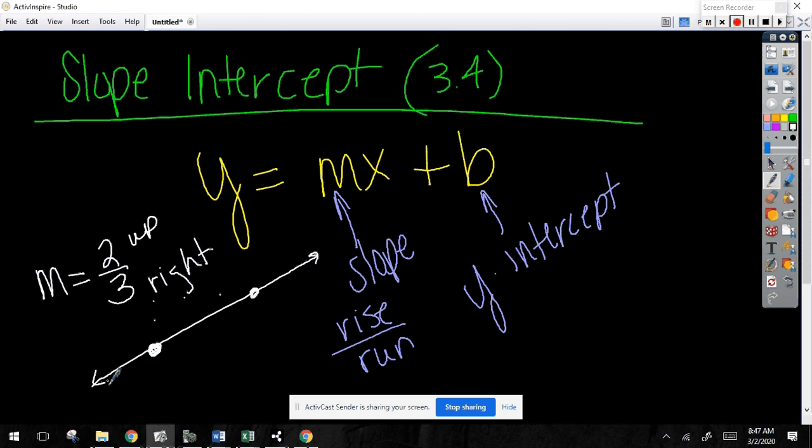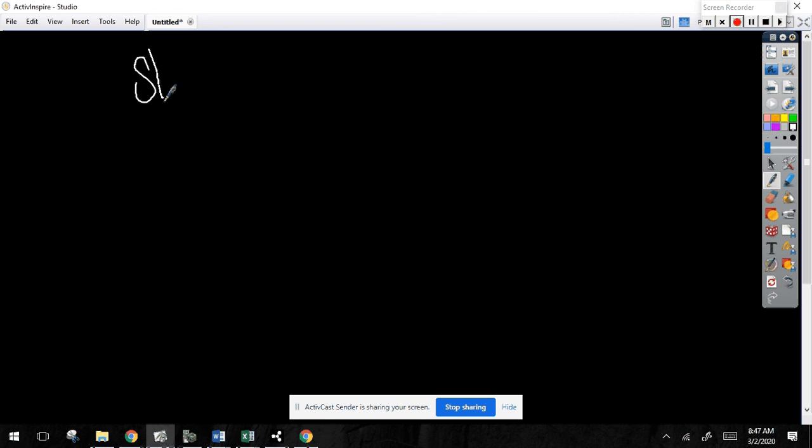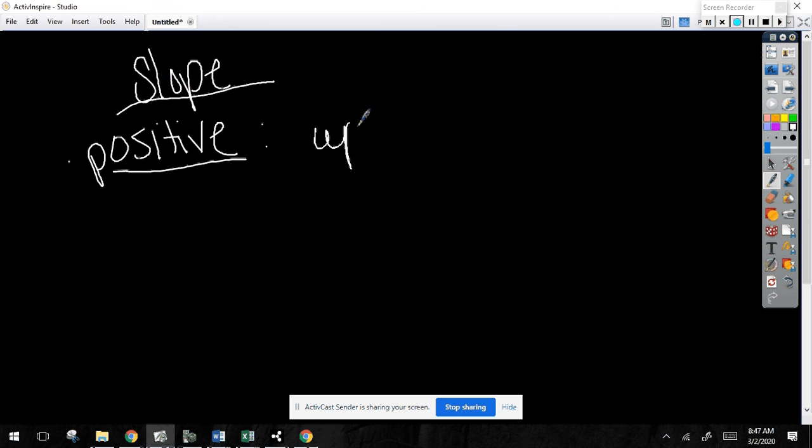All right, so quickly, let me recap this because a lot of you do get this mixed up. When we're talking about slope, if it's positive, we go up and right, always.